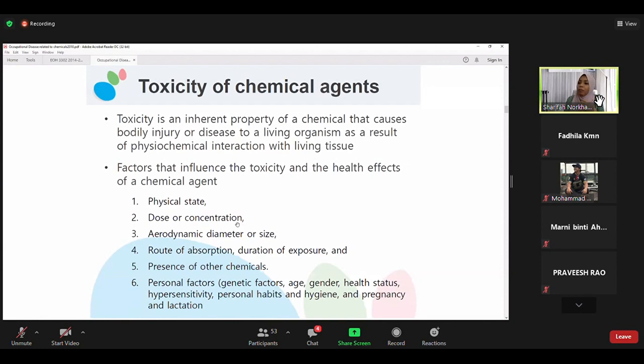It also depends on dose or concentration, so how concentrated it is when exposed to you. And also the diameter or size.